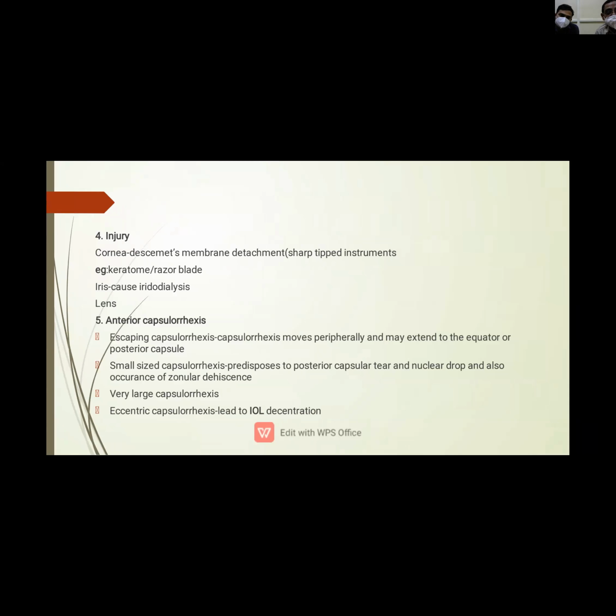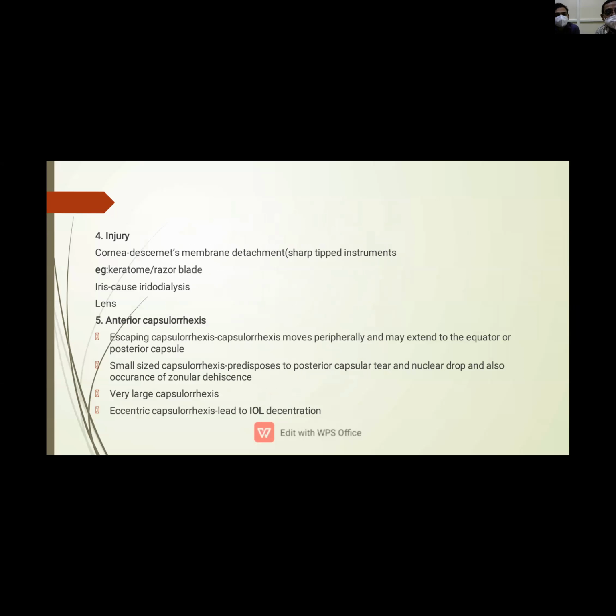Preparation of the globe. Anterior capsular rhexis. What is the ideal rhexis? What is the ideal size of rhexis? How much size do you expect when you are doing capsular rhexis? That's also given in your textbooks.